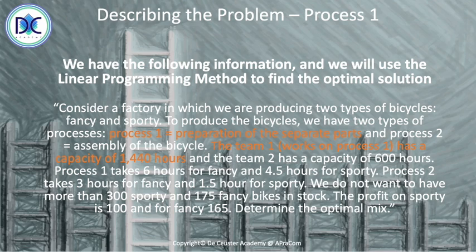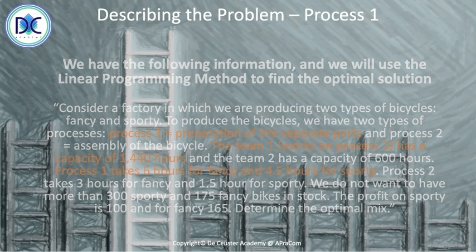It can be equal to 1,440 hours, but it cannot be more. When we look at the process, there are two data that we need here. For preparation of the fancy bike, the team needs 6 hours and 4.5 hours for sporty. We can put all of that in a table.